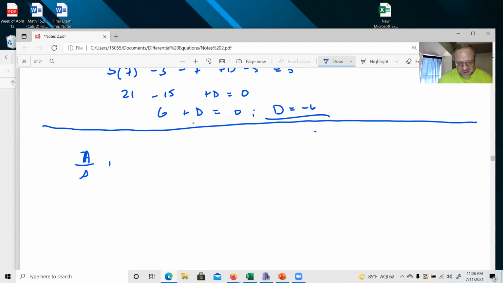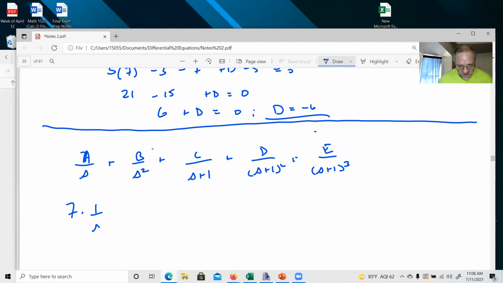We have a over s plus b over s squared plus c over s plus 1 plus d over s plus 1 squared plus e over s plus 1 cubed, right? That was our first thing. And we're going to say that a is going to be 7 times 1 over s plus b. B was negative 1 over s squared plus c.